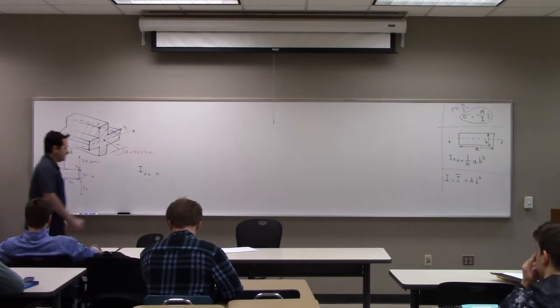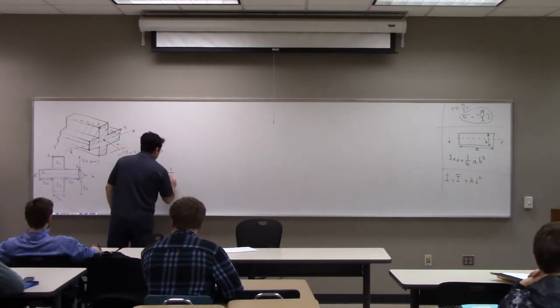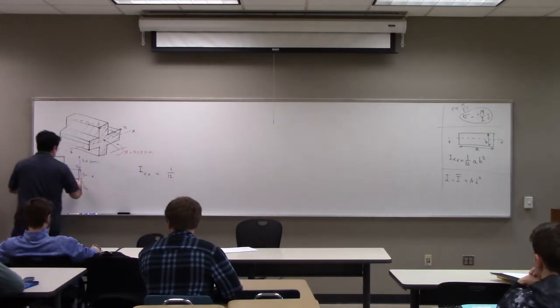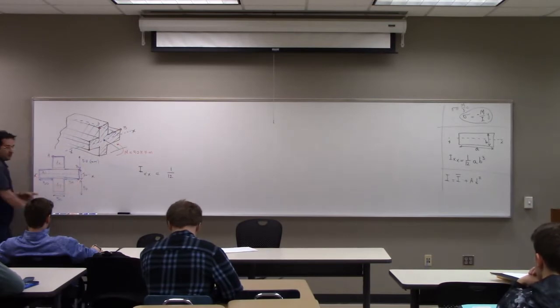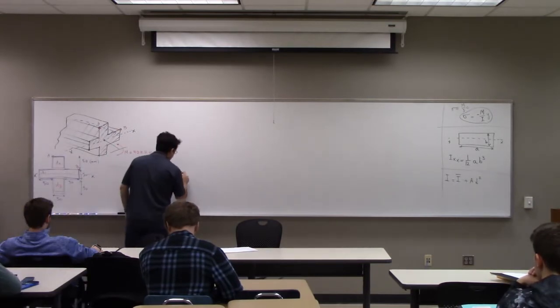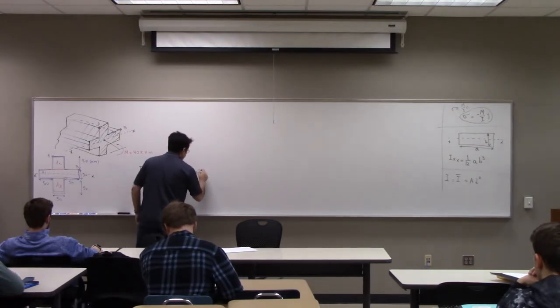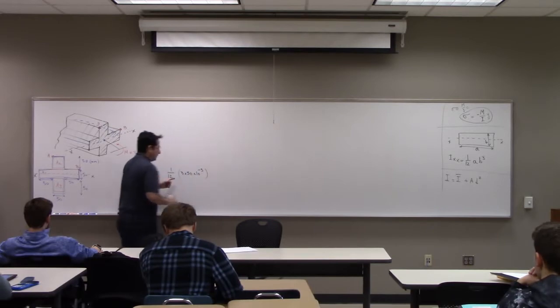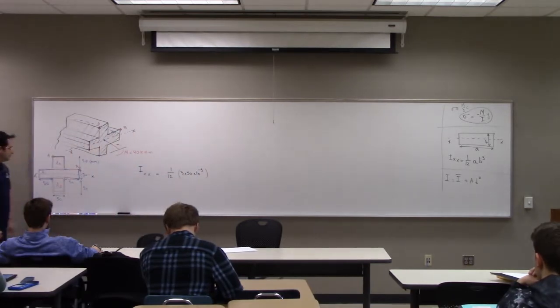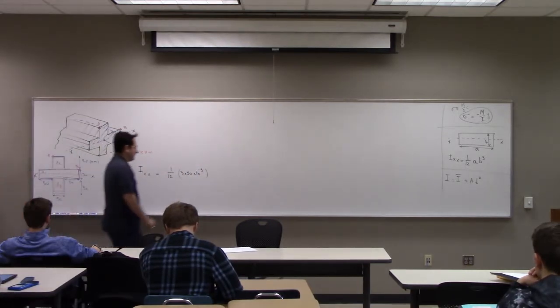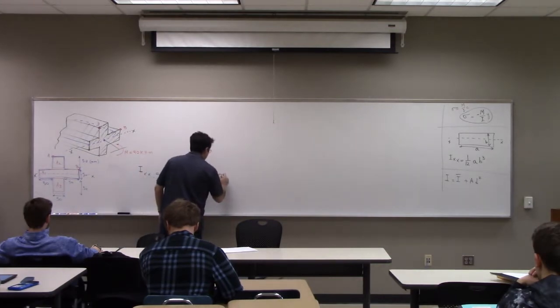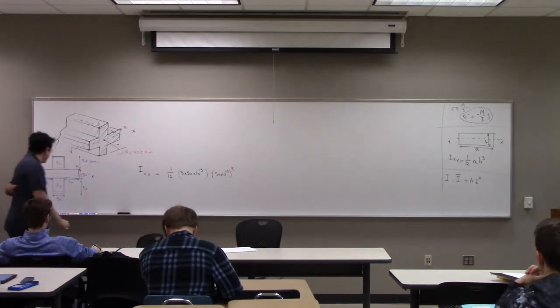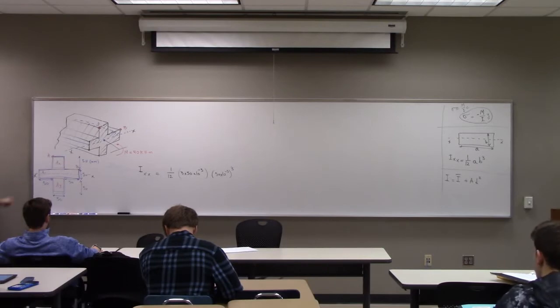So you just say 1/12 from here to here, 3 times 50 times 10 to the negative 3. 1/12 a times b cubed is 50 times 10 to the negative 3 to the third power. Okay? So that's for A1.